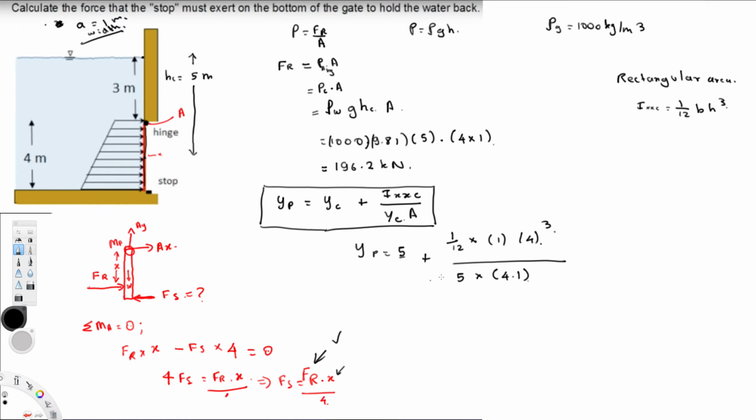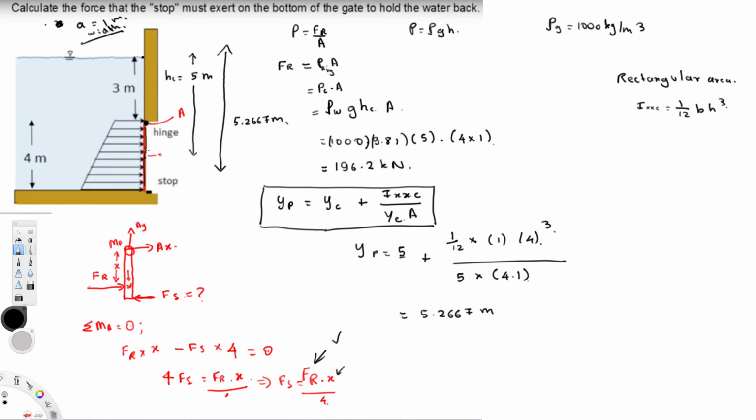Now we can simply calculate this value. It comes out to be 5.2667 meter, and that's yp. So from the top, the average force is acting at 5.2667 meter.